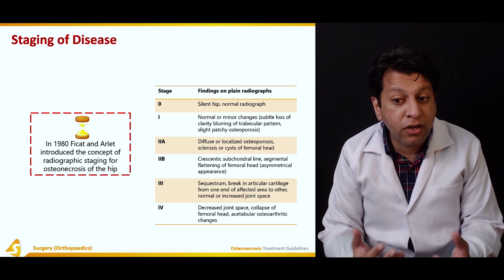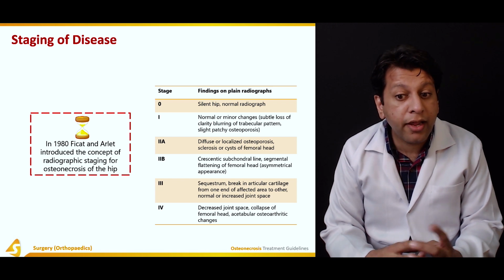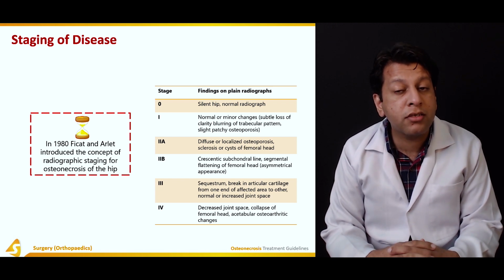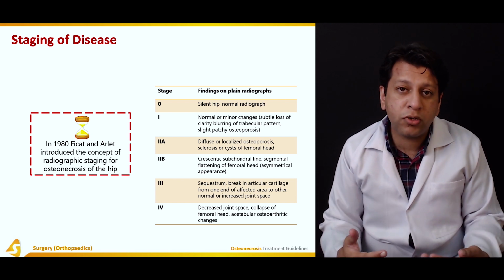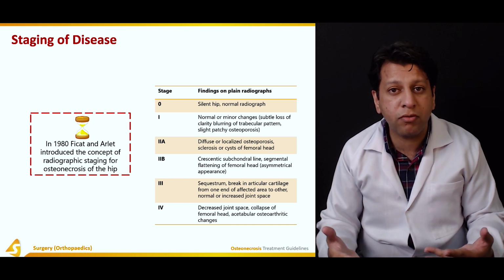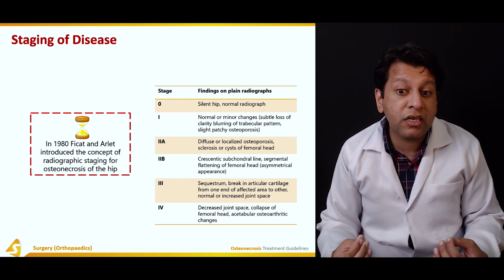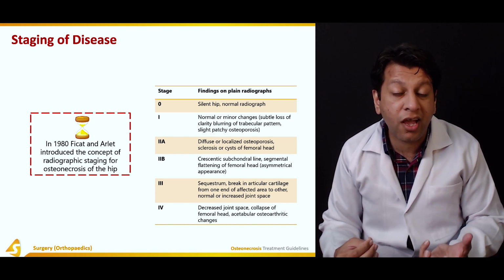There would definitely be sclerosis and cyst formation of the femoral head. And at 2B, there would be the crescent subchondral line, which I've been talking about in the previous section as well. Once the subchondral fracture or fissure occurs, this results in a crescent formation, a crescent sign. That is important because at this stage, it means the subchondral fracture has actually occurred.